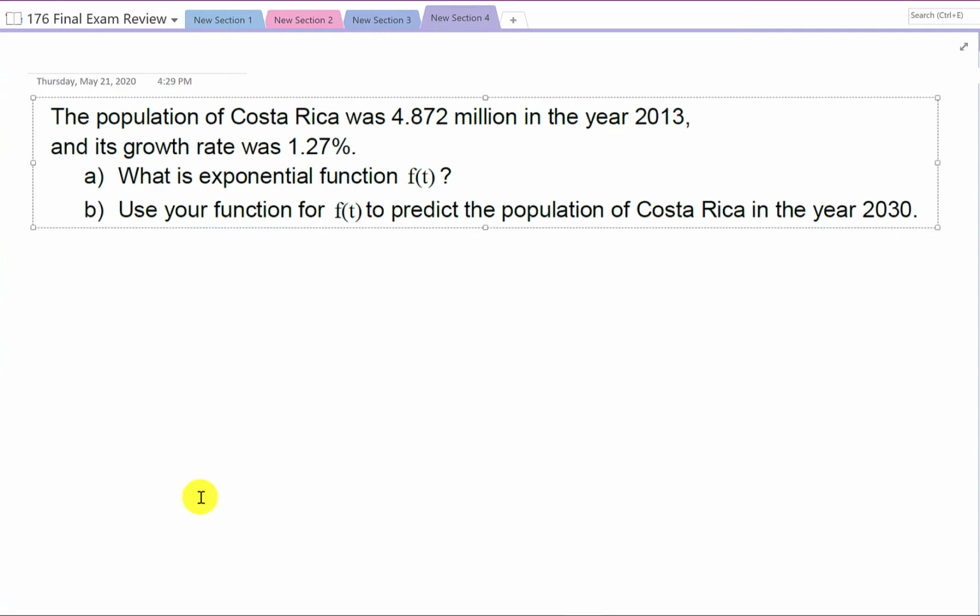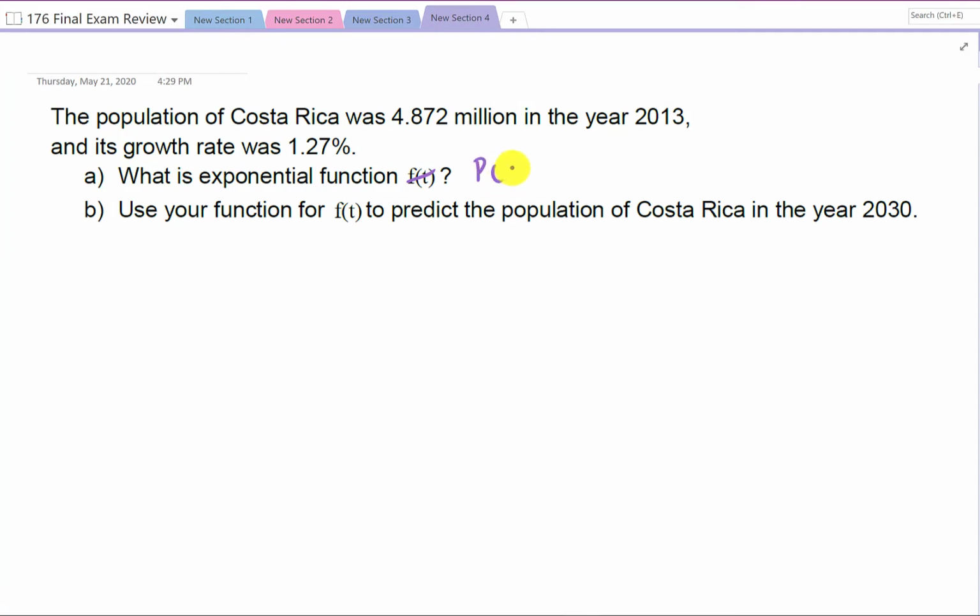All right, I've got two more things related to, in this case, exponentials, a couple models. Here's a population of Costa Rica, and in 2013, it was 4.872 million people. And its growth rate was 1.27%. So let's come up with a mathematical model here.